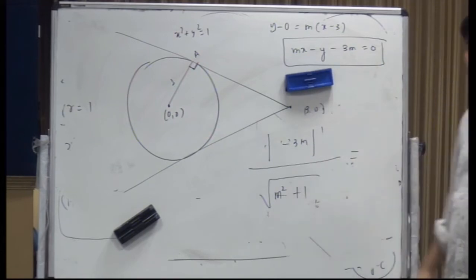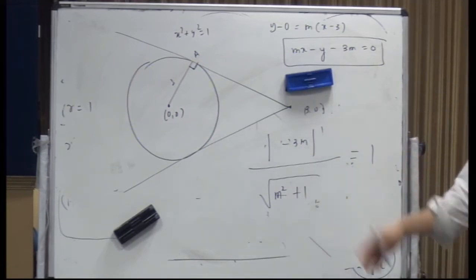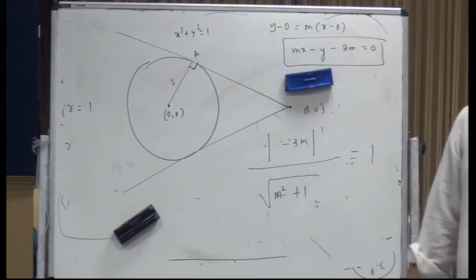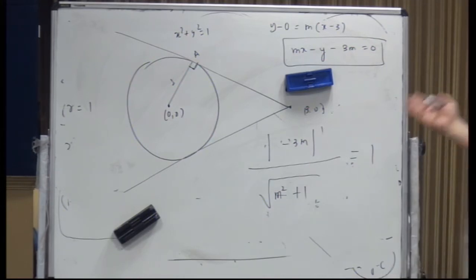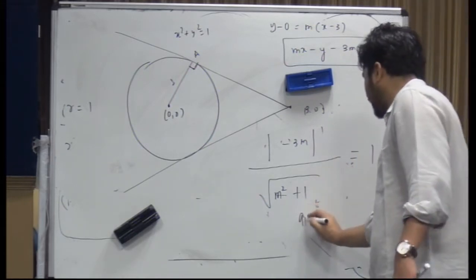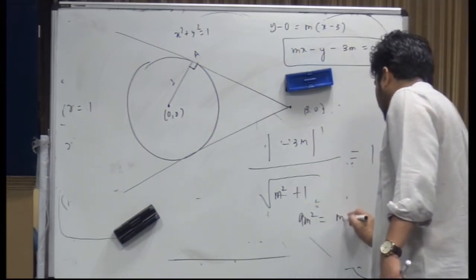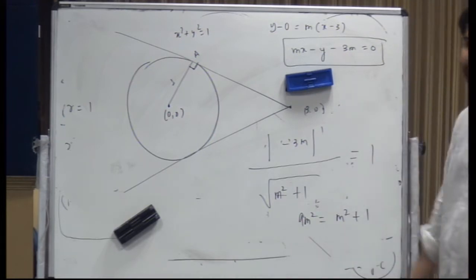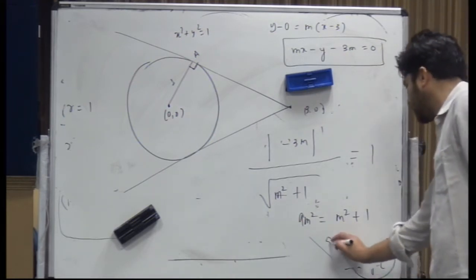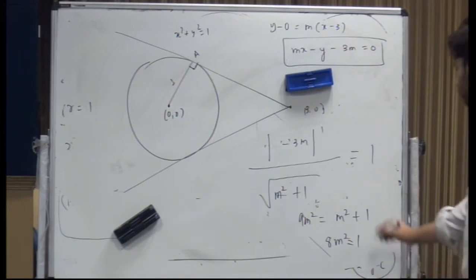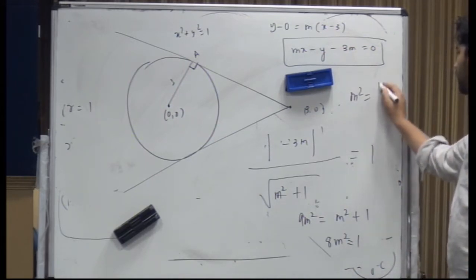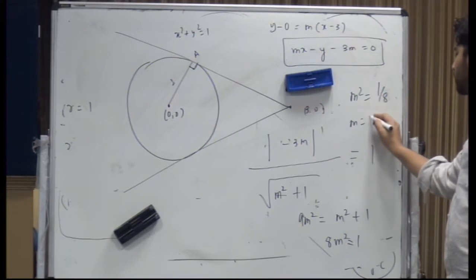It's already given, no? Now we have to solve it. How to get rid of mod? Squaring it up. If we square it up, we will get rid of mod. So if I square it up, this will become 9m square is equal to m square plus 1, which will make it m square is equal to 1 by 8, so m is equal to plus minus 1 by 2 root 2.